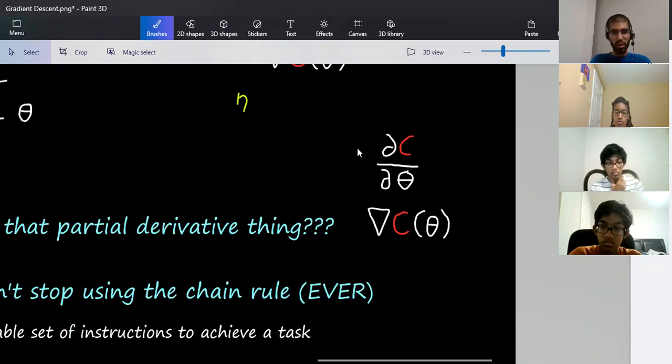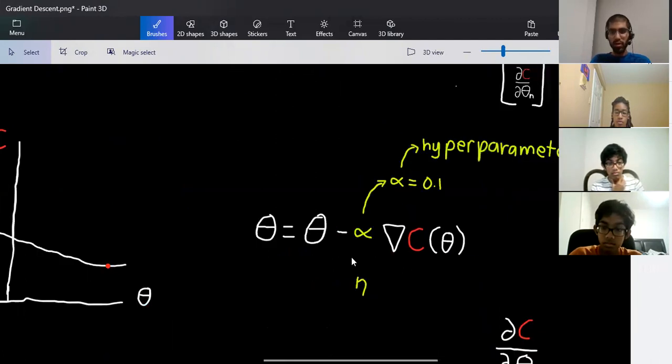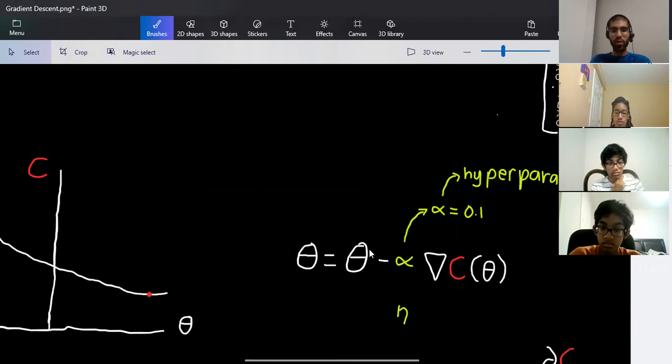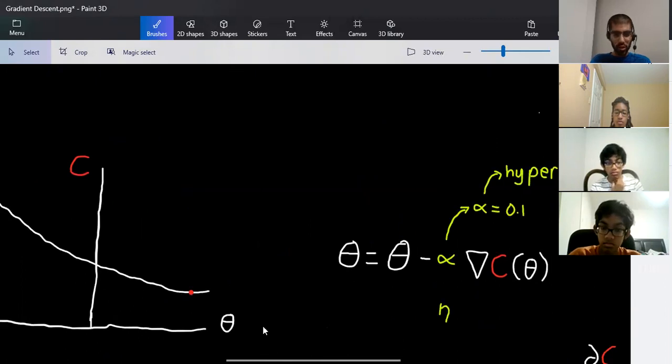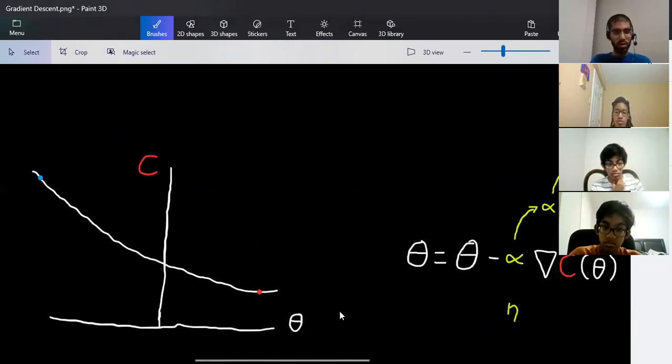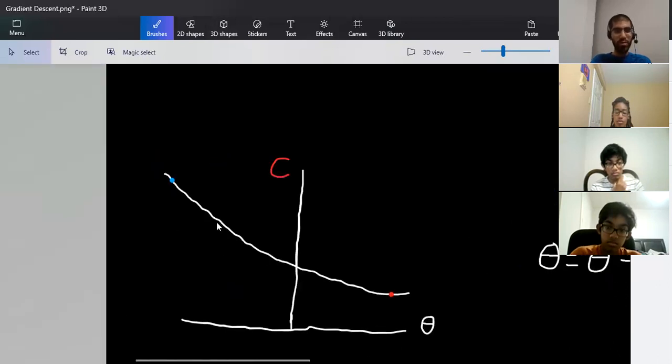Why are we trying to calculate this? Because in gradient descent, we need to calculate this value to figure out how much we change the theta parameter. Why are we trying to change the theta parameter? Because when we change the theta parameter, say from theta is equal to -5 to theta is equal to +5, then we can lower the cost.